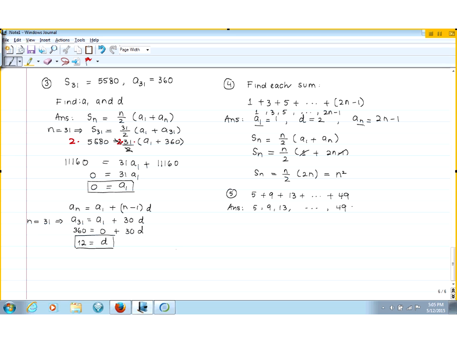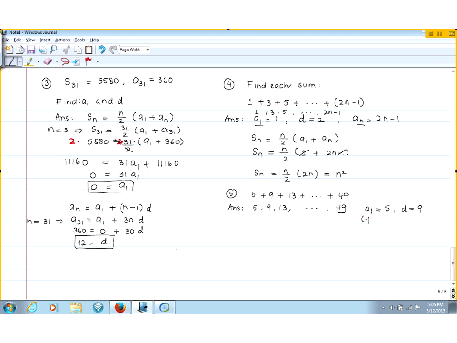The terms are 5, 9, 13, etc., and then 49, right? And here we know that A1, the first term, is 5, the difference is 9. Is that right? Yes, 5 and 9, the difference is 9. I need to know 49 is what term? So what is n here?